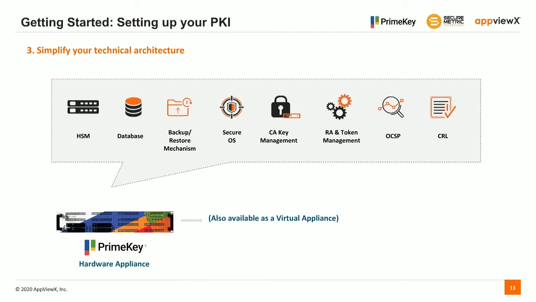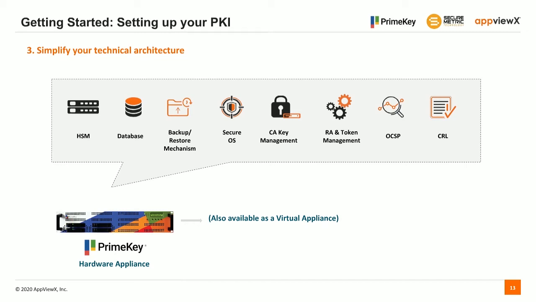So PrimeKey actually has an appliance. It's an all-in-one PKI appliance that has the HSM, database, key management, OCSP, CRLs, and backup restore, everything built in. So this really simplifies your technical deployment.